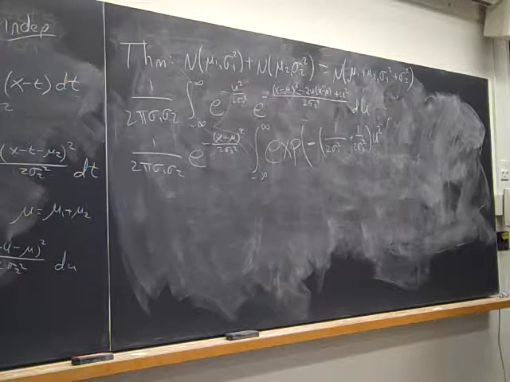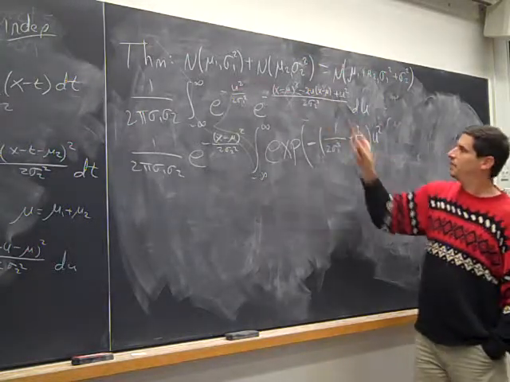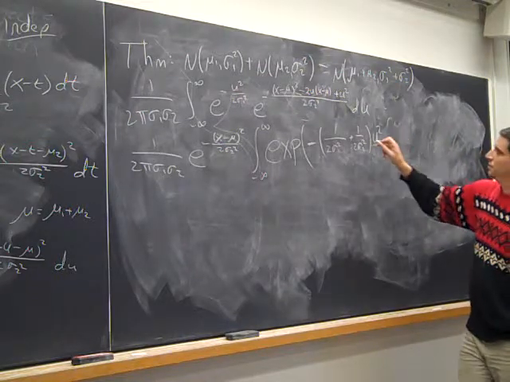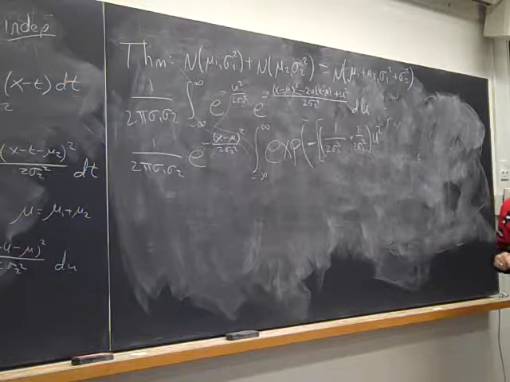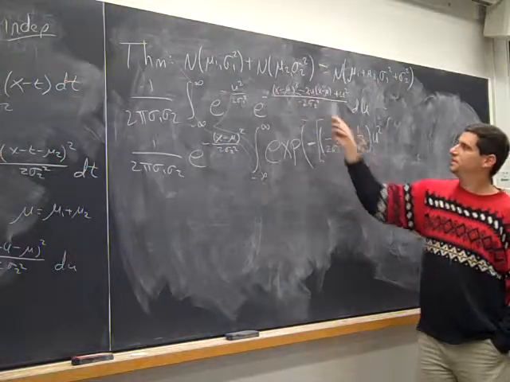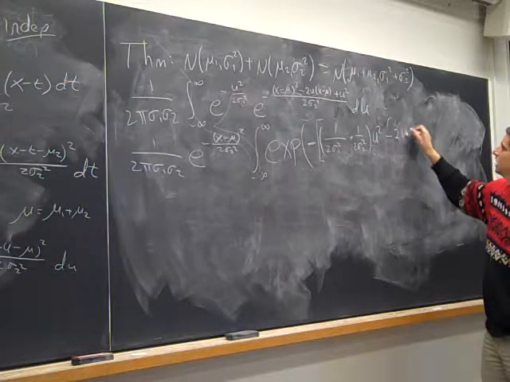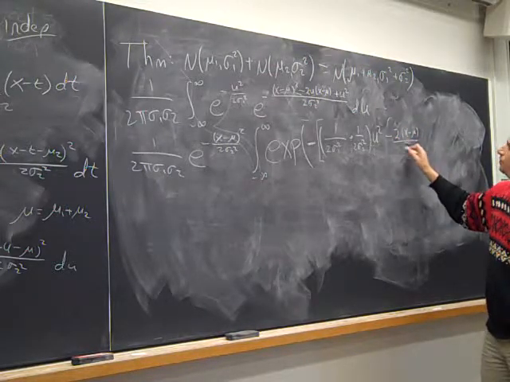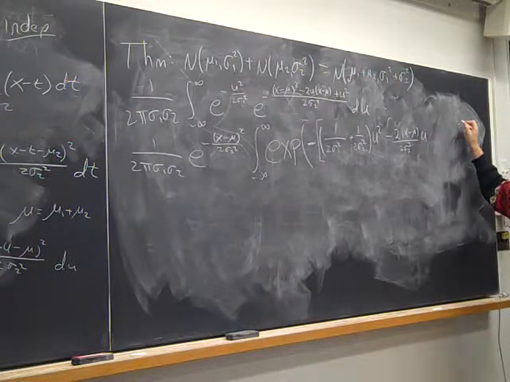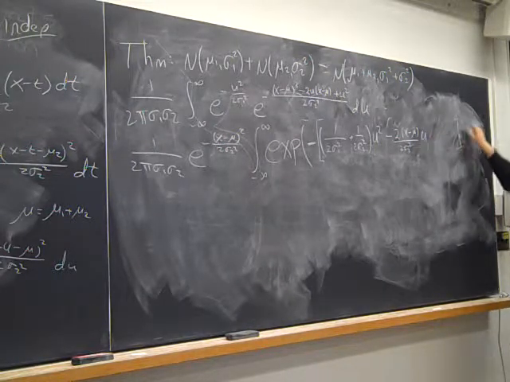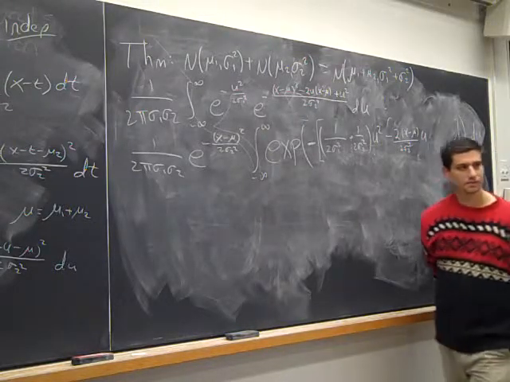The next term is going to be minus, and I'm keeping the minus sign outside. The next term will be minus 2 times x minus mu over 2 sigma 2 squared, times u.